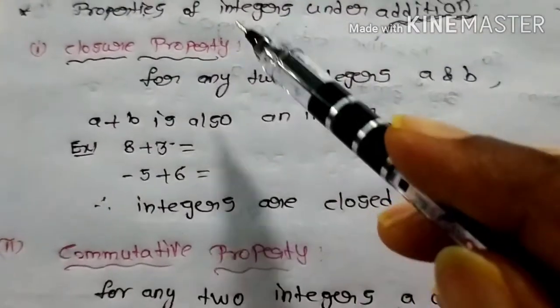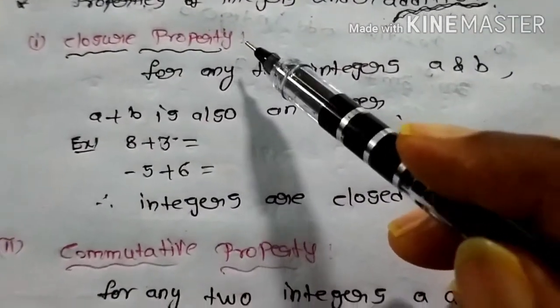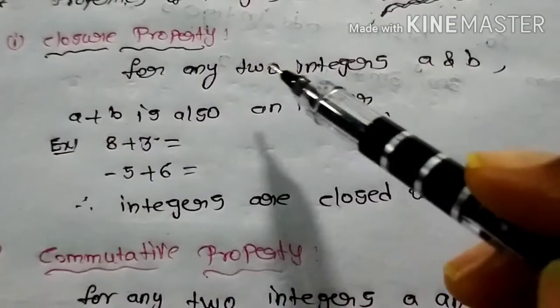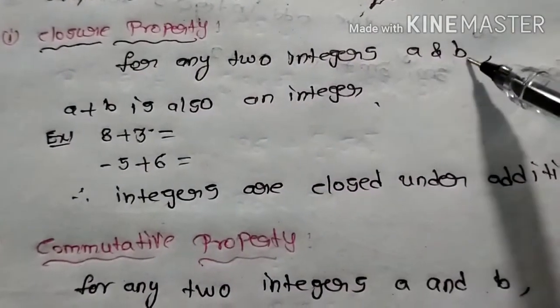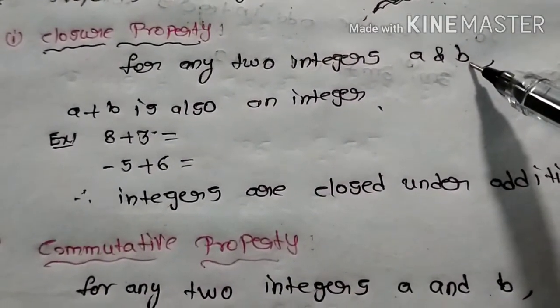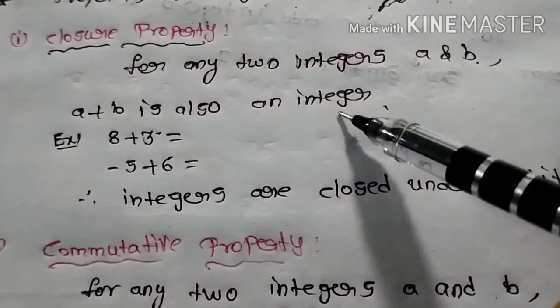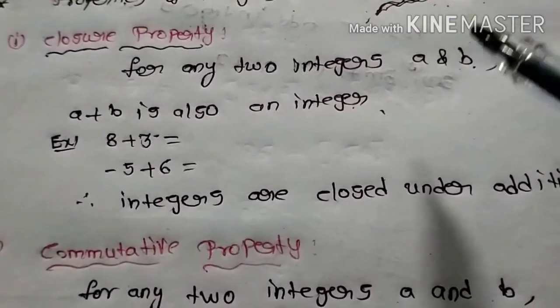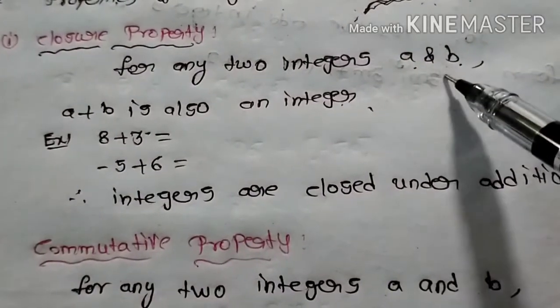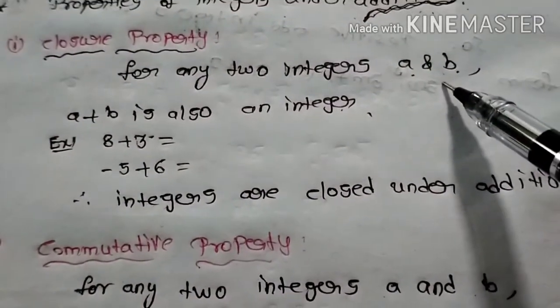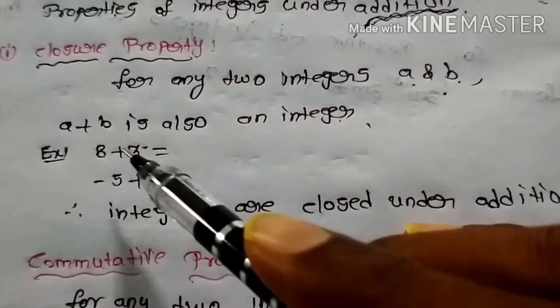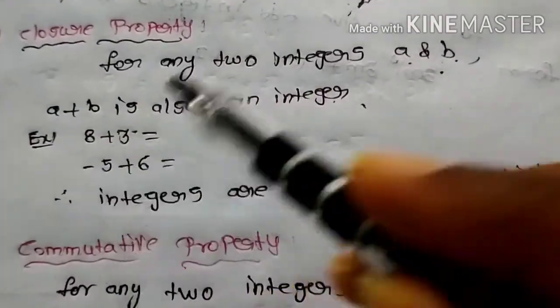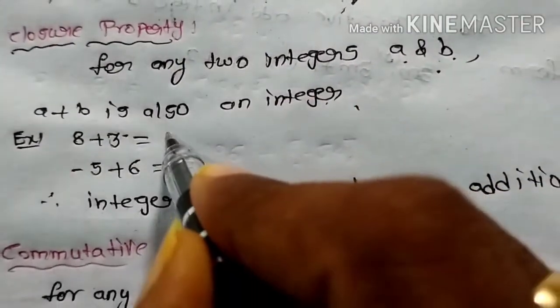What is the first property? Closure property. You can see here, closure property means for any two integers a and b, a plus b is also an integer. That means just remember simply, the sum of two integers is also an integer or not. See, 8 plus 3 is how much? 11.